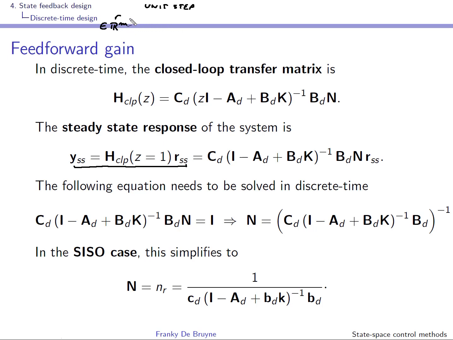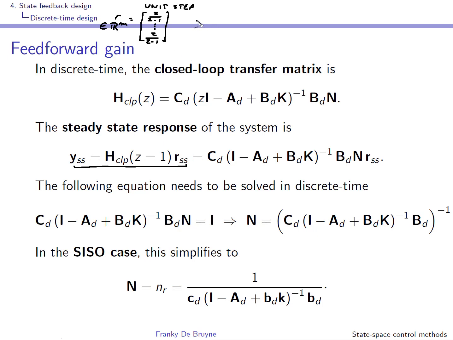In this case, if we are in the z domain, since we have a number of unit steps, we'll have a vector here with a number of times z over z minus 1. This is the z transform of a unit step in discrete time, right?